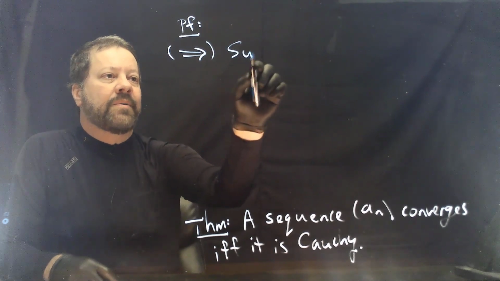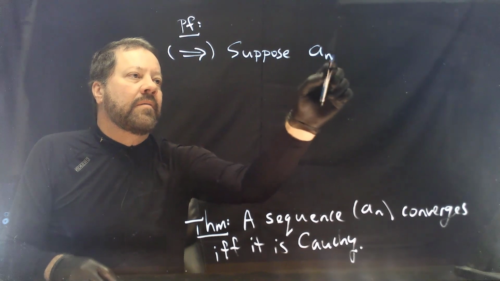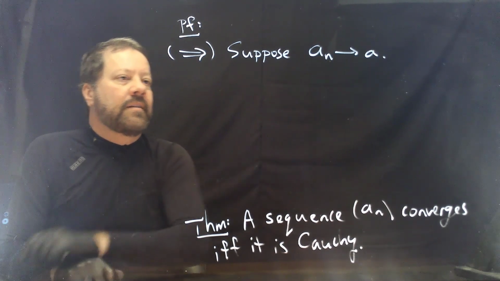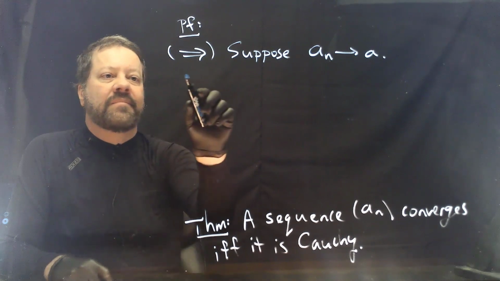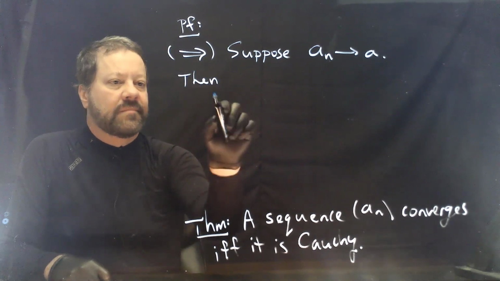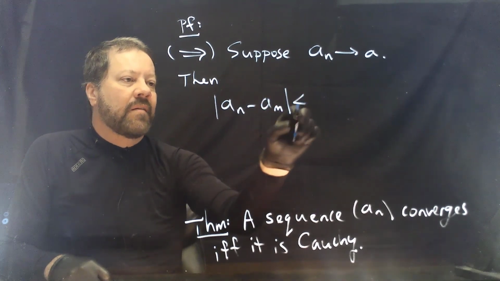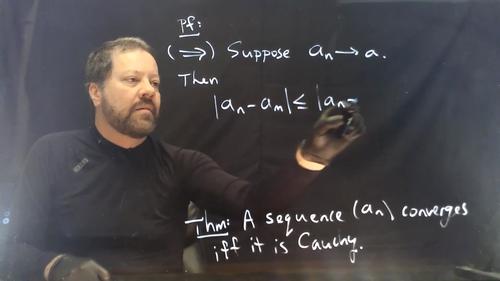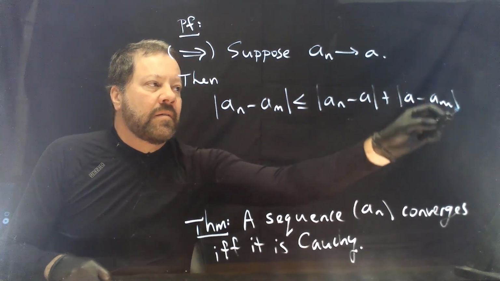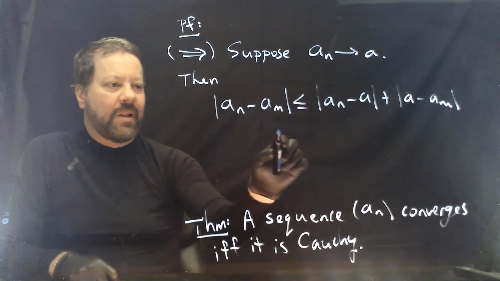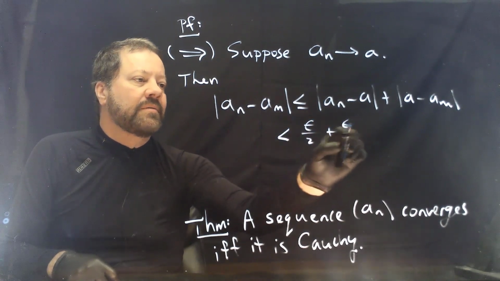So we're going to suppose that the sequence a_n converges to some number a. Well, we can use the triangle inequality to trap both of these smaller than epsilon over 2.